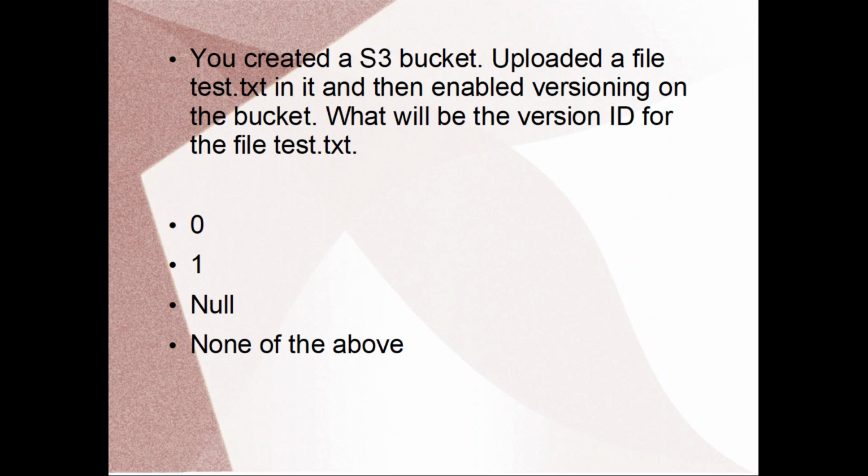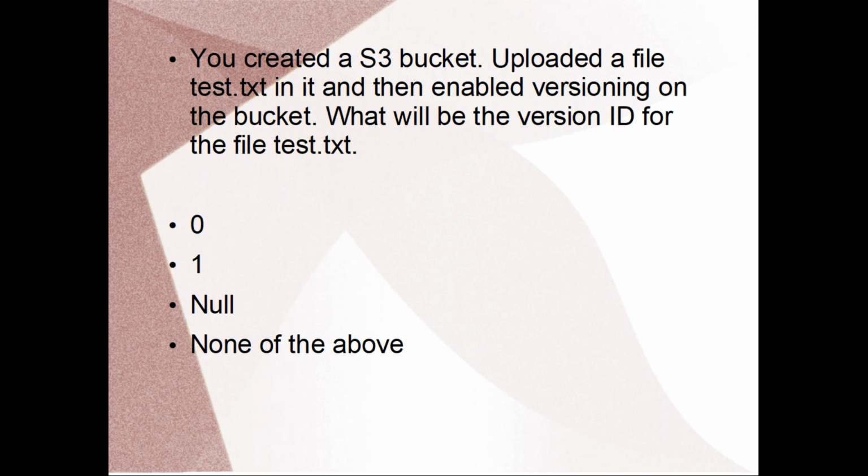So if you have a free tier account with AWS, you can go and do this experiment for yourself. You can just create a S3 bucket and put a file on the S3 bucket, and you can see the version on that file, and then you can enable versioning on that bucket, and then again you can put another file in that bucket.